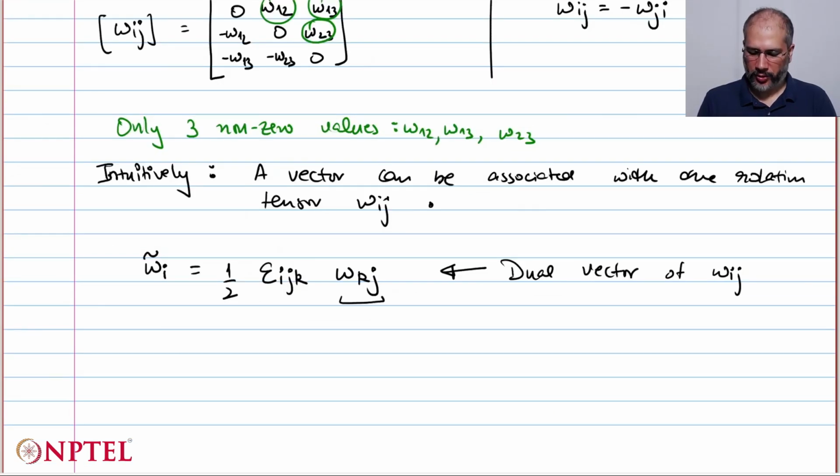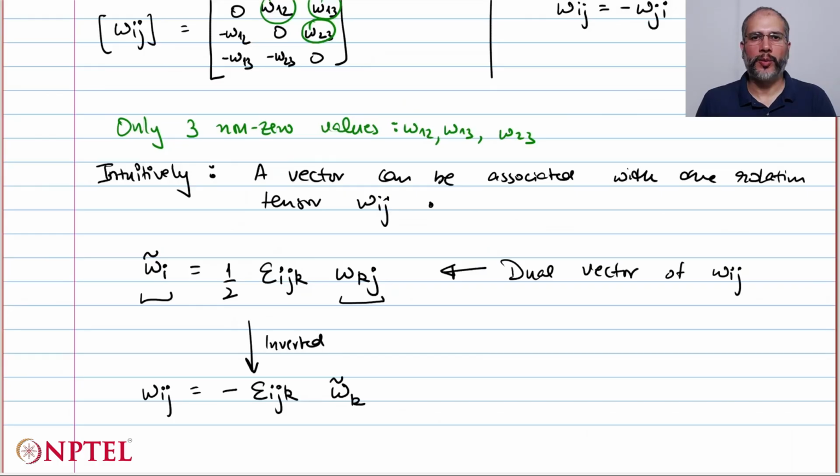So given an omega tensor, which is skew-symmetric, you can find an associated dual vector that's called the rotation vector, and we can invert this. That is, if I know the rotation vector, I can find the corresponding rotation tensor. So omega_ij tensor can be written as minus epsilon_ijk times omega_k tilde. So we will show this as a part of a tutorial or an exercise in the course, and for now you can assume it's true.